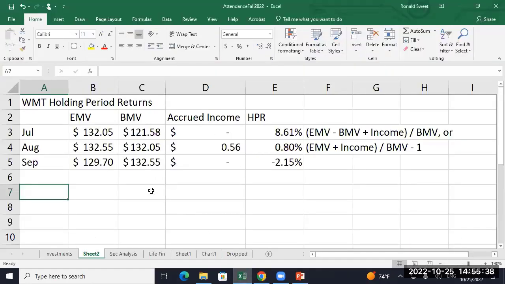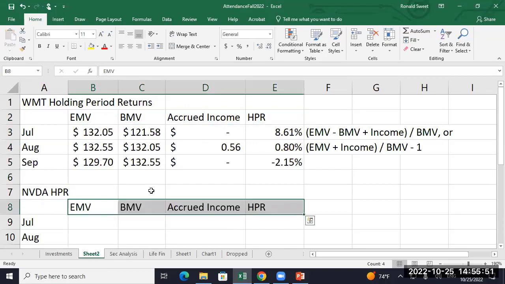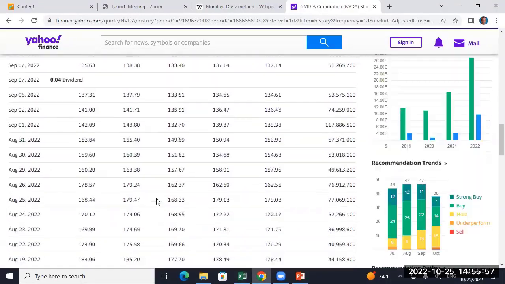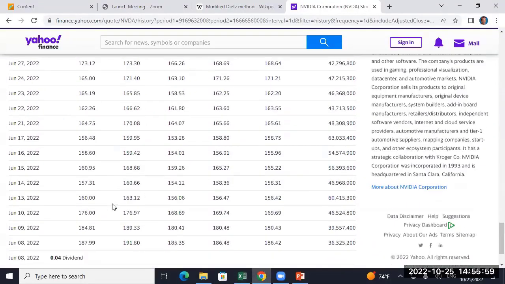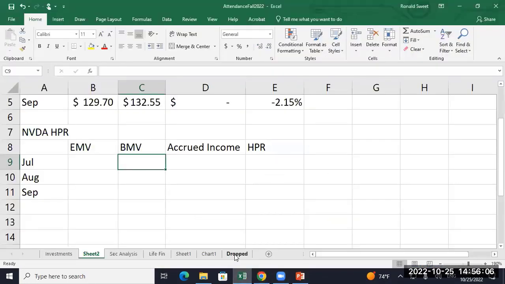So if we're going to do NVIDIA, we'll do June, July, August. Need ending market value, beginning market value. July's beginning market value is June 30th. So they start at 151.59.